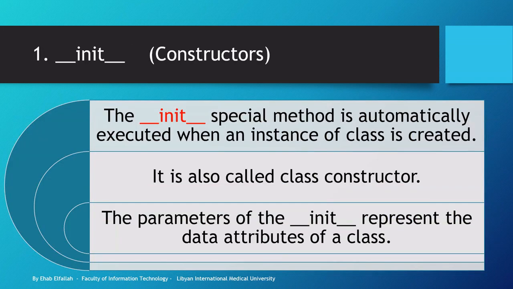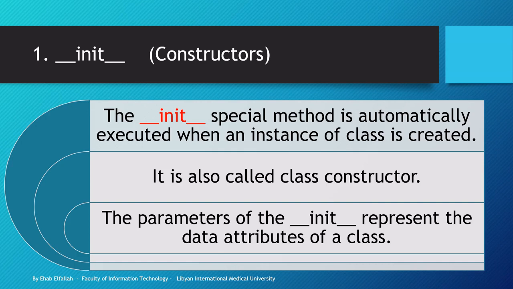We will take some examples of the most common special methods. The first and most important one is __init__. Init is a constructor. This special method is automatically executed when an instance of a class is created.